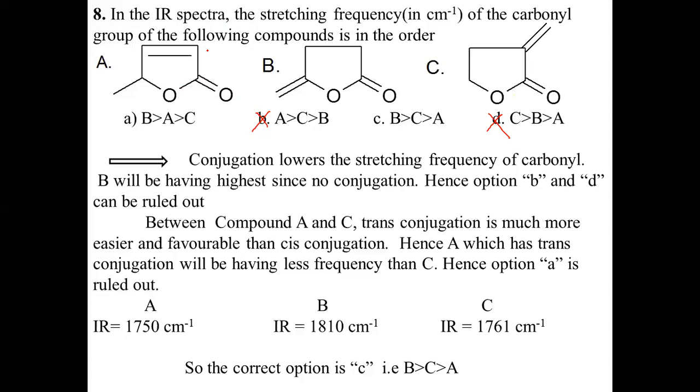So this conjugation takes place in a very facile way. So this molecule will have a lesser stretching frequency than C. So A will have less. In that case, you're going to discard option A and your option is C. Now this is for your understanding. I have just given the values, but anyway, you cannot just mug up all the values.